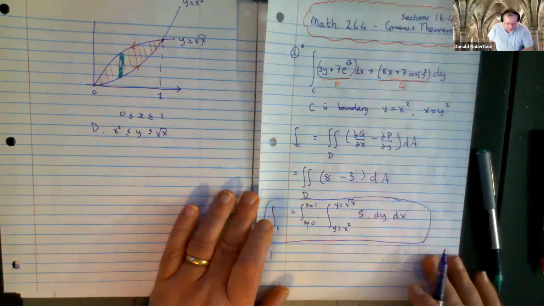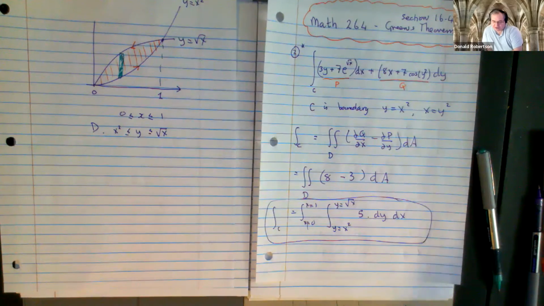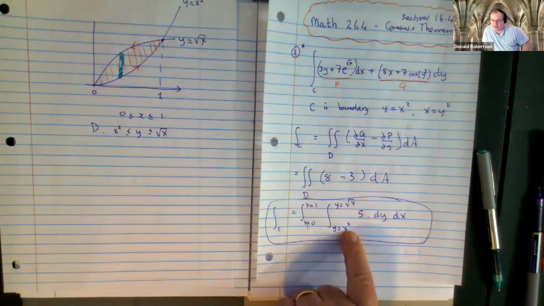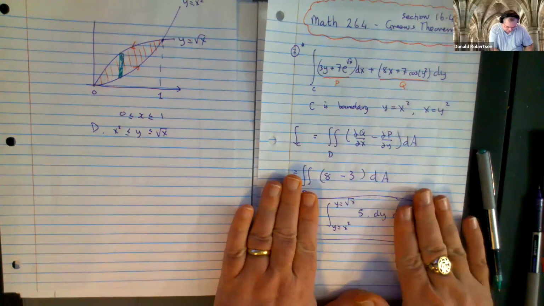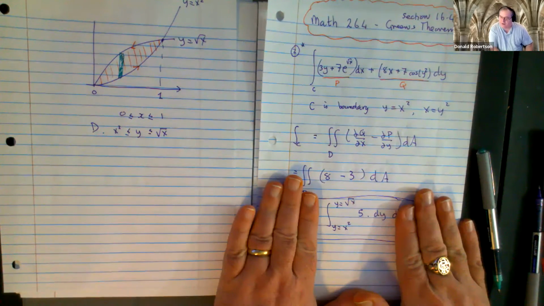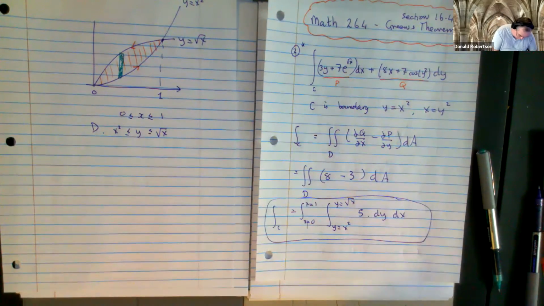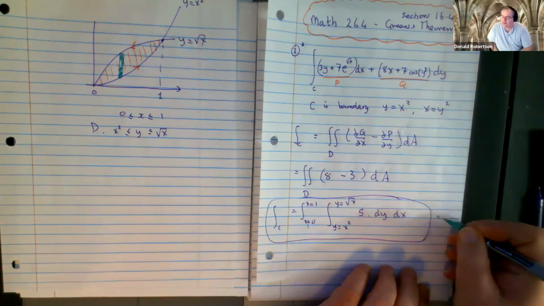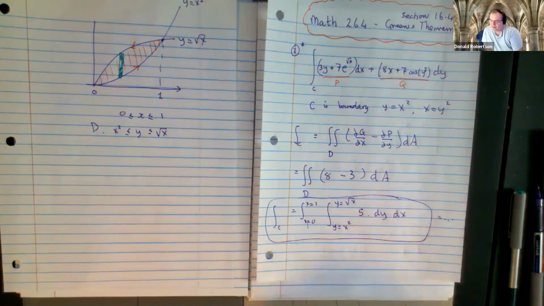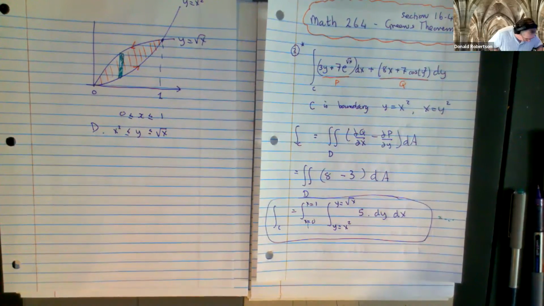I think that's where I want to stop. Would you agree that you can't separate this integral because the limits of integration here have x's in them, right? So you're going to have to do the y's first, and then do the x's next. Are we good with me just stopping there and saying you could finish that on your own? Right. And so that's the first one.